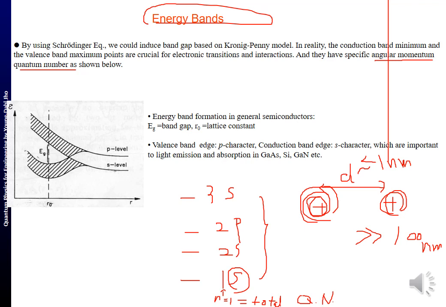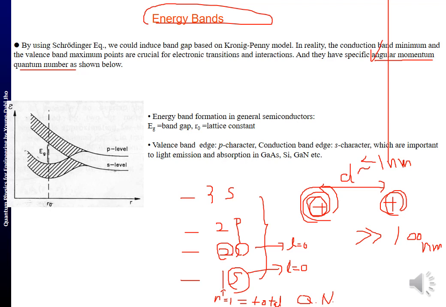And s is the indication of angular momentum quantum number of 0. L is the angular momentum quantum number here. Here s, so it is the L equals 0 state.